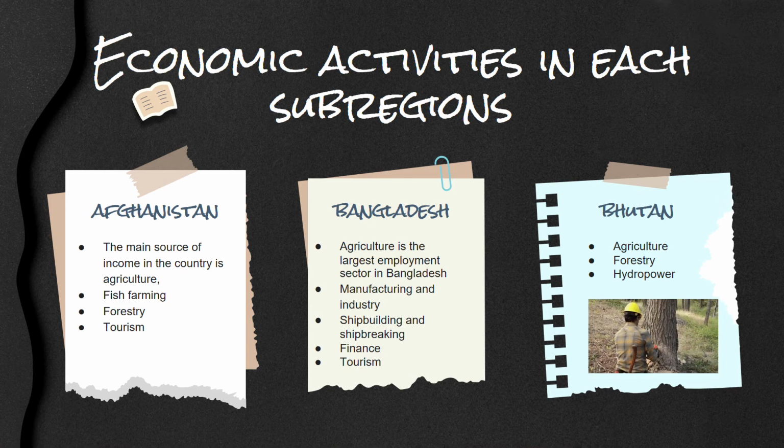The economy is closely aligned with India's through strong trade and monetary links and is dependent on India for financial assistance and migrant laborers for development projects, especially for road construction.